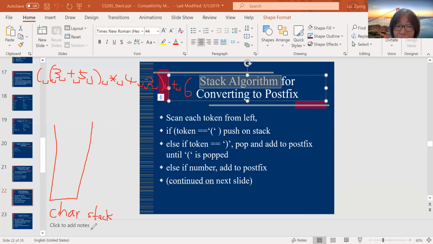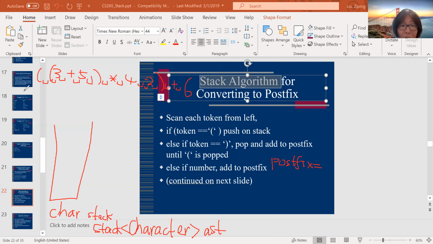If you use the Java Stack class, you need to declare a stack with the wrapper class Character. So keep this in mind. The stack is different from the postfix evaluation. And here, suppose we are going to keep track of a postfix expression. So this is going to be our postfix expression.